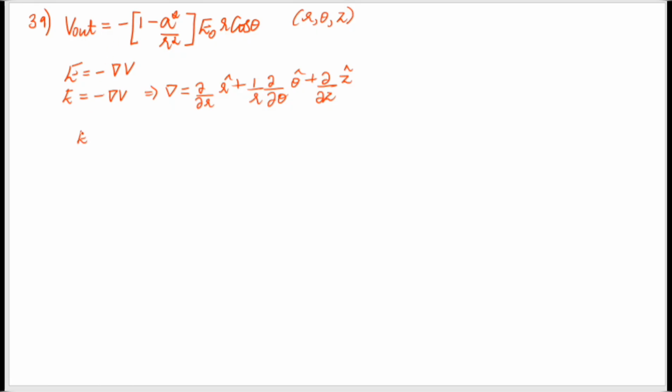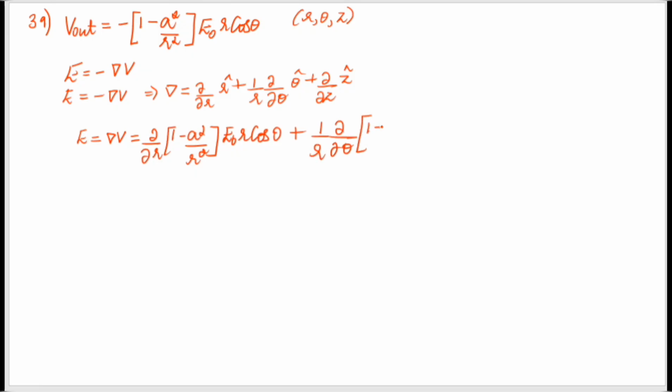So electric field is equal to grad of V, that is dou divided by dou r of 1 minus A square divided by R square into E naught R cos theta, plus 1 divided by R dou divided by dou theta of 1 minus A square divided by R square into E naught R cos theta.